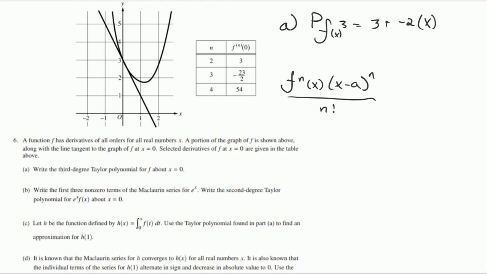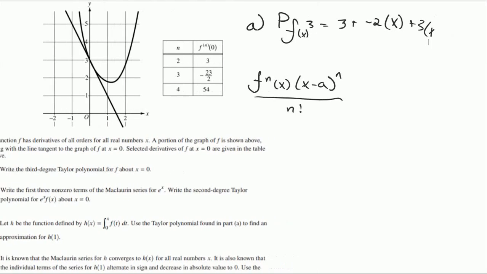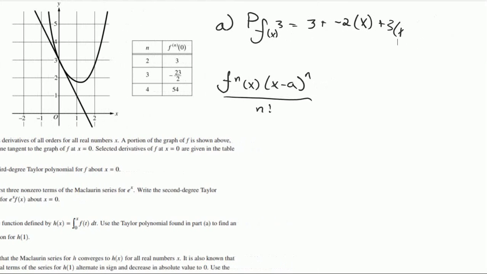And then that's going to be plus 3 times x to the second power over 2 factorial, plus, and it's third degree, so we just have one more.